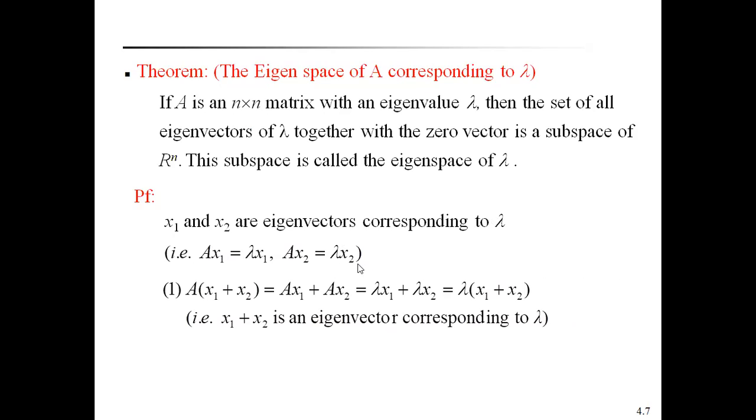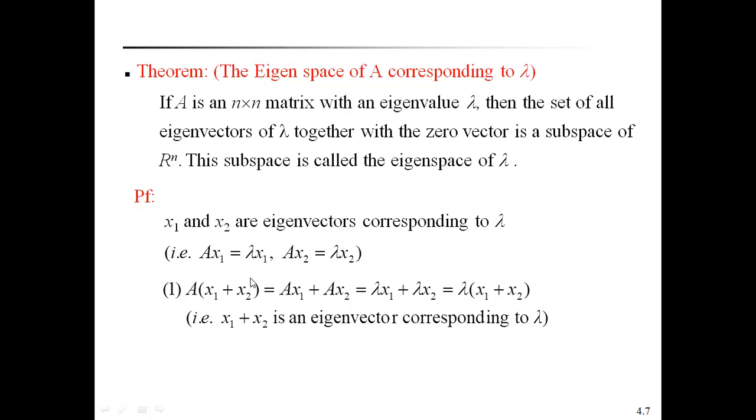So to prove the subspace of a vector space, take two eigenvectors corresponding to lambda. These satisfy the eigen equation, that is Ax1 equal to lambda x1, Ax2 equal to lambda x2. This is also called the characteristic equation.